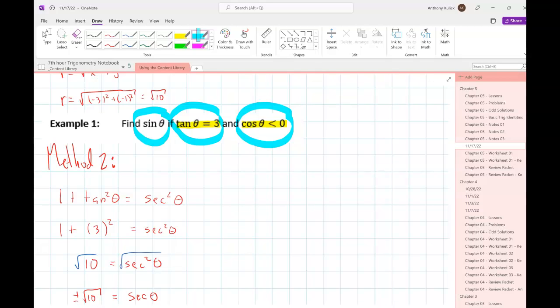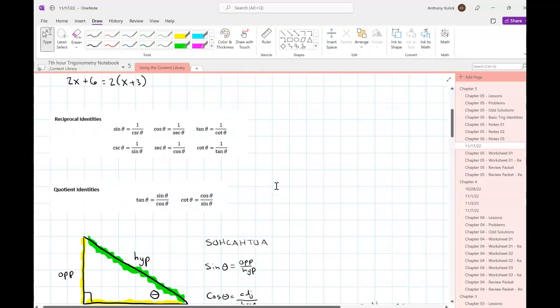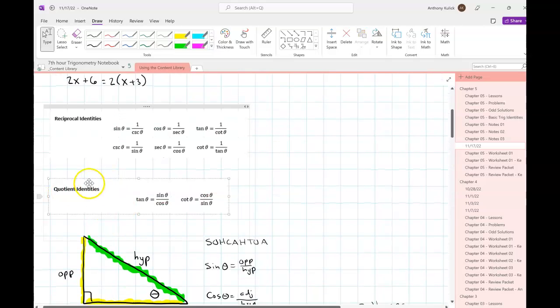Can I find one that involves all three of them? Well, there's only one set of identities that involve three. It's the quotient identities. And I see here that tangent is equal to sine theta over cosine theta. That'll do.